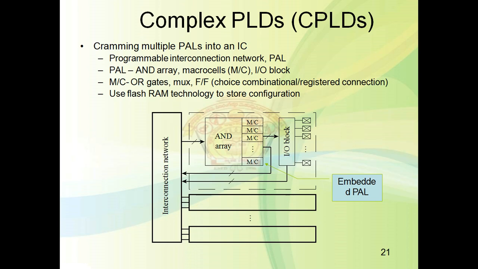So that configuration control can be done by using the AND OR array and by selecting input and output multiplexers. This configuration data is stored in non-volatile memory within the CPLD chip. Within the CPLD chip there will be SRAM cells.